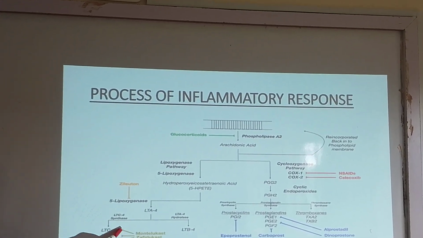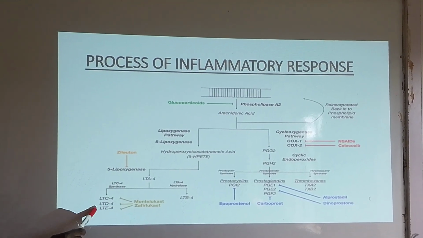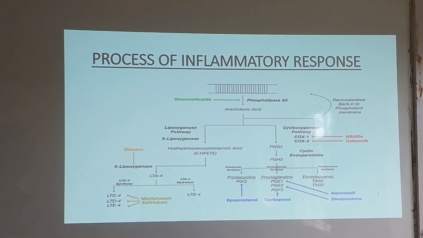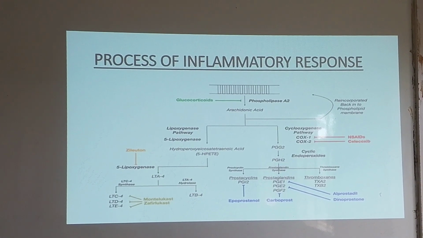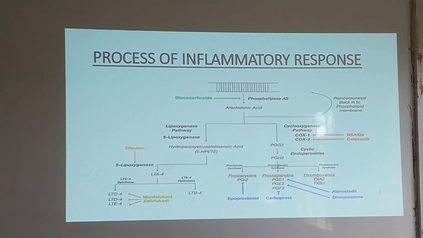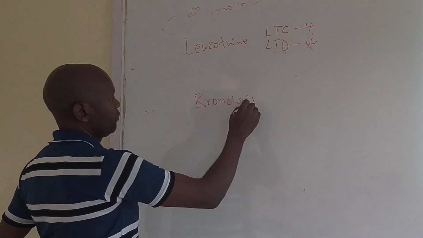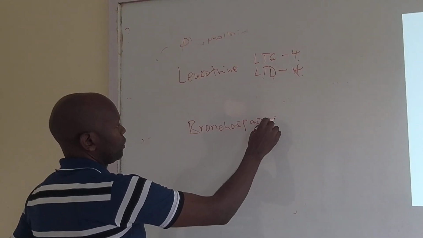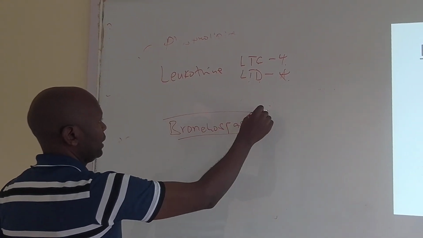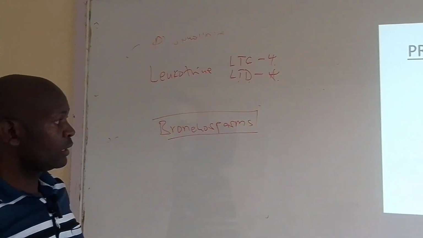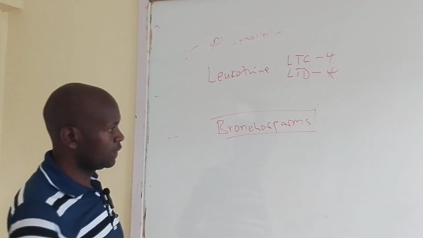So these end products you see here, the leukotrienes, have effects in the lungs. They cause what we call bronchospasms. Bronchospasm is a very common presentation in the patients that we refer to as asthmatic patients.